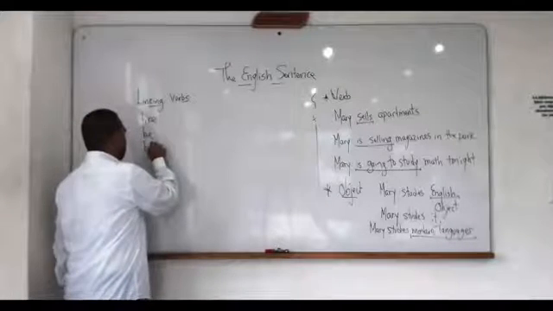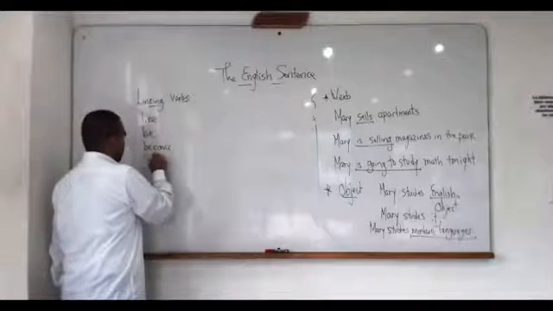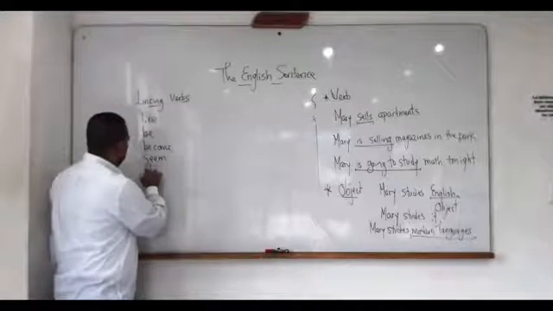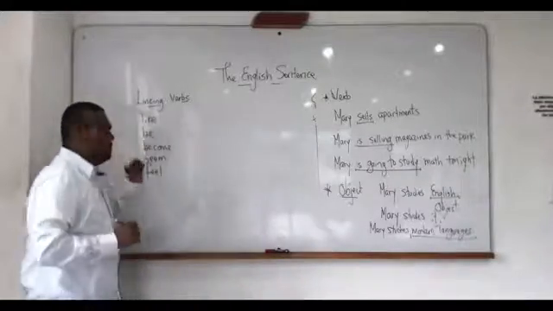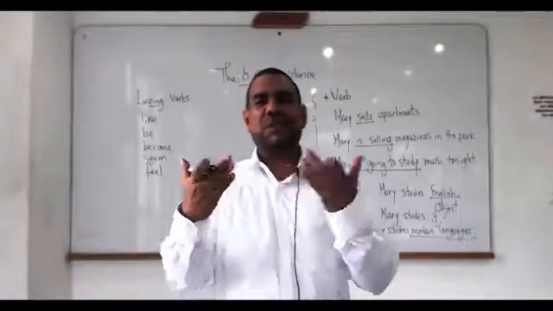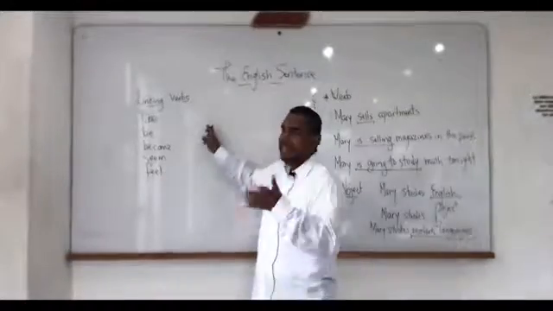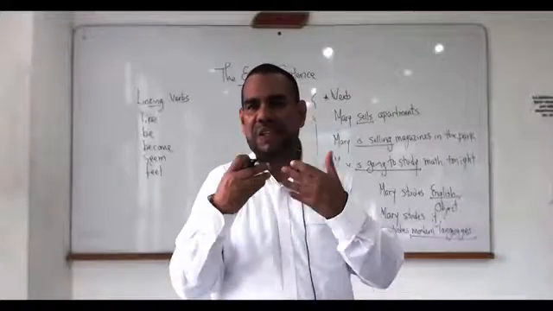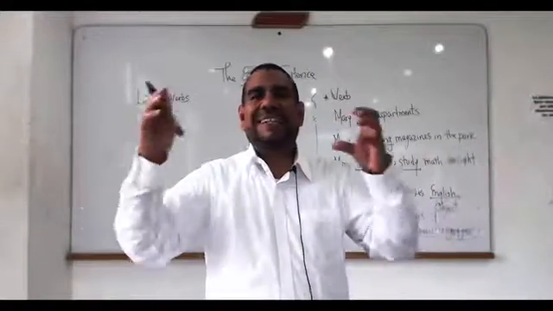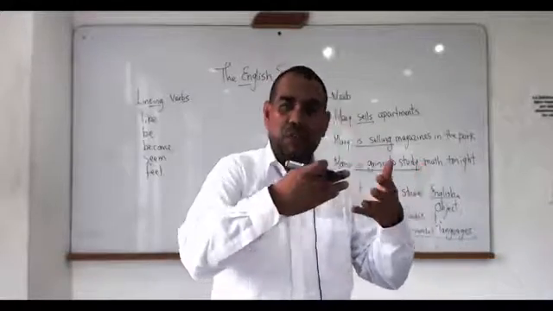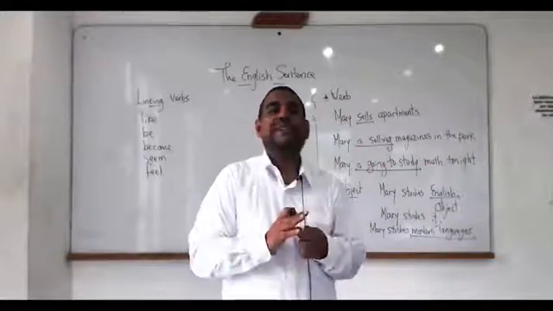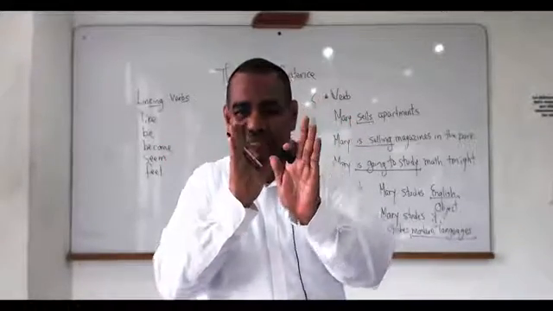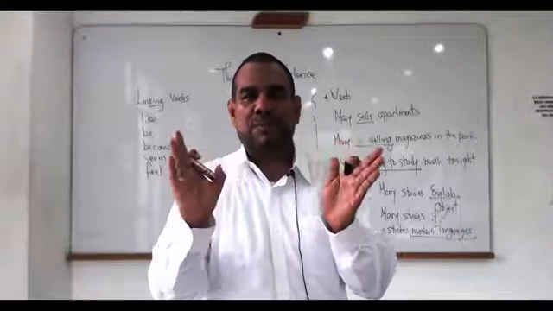Another one is become. Another one is seem. And another one is feel. Like, be, become, seem, and feel. Well, those are some examples of linking verbs. Linking verbs have the particular function, according to what the name says, of creating a link between the noun or the subject, essentially the subject, and the idea we want to refer to, which is in linguistics usually called attribute.